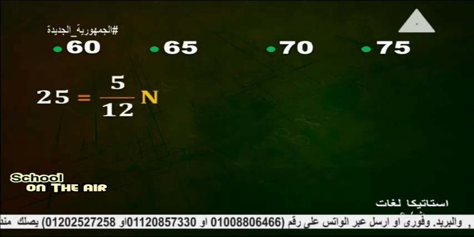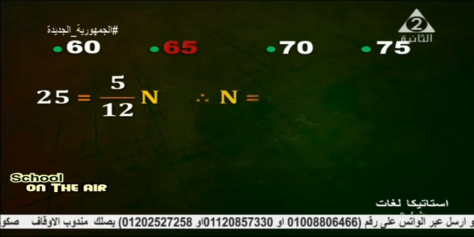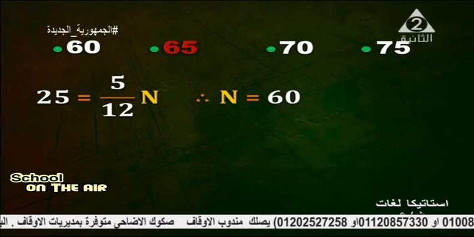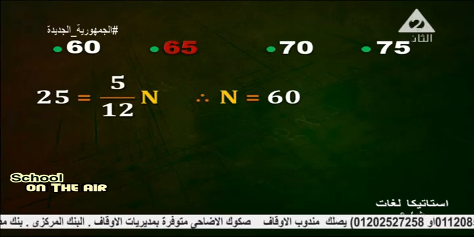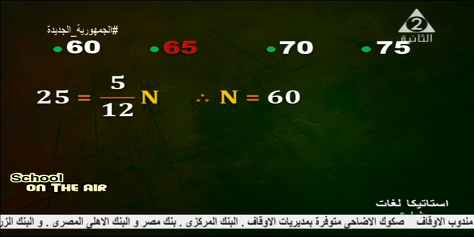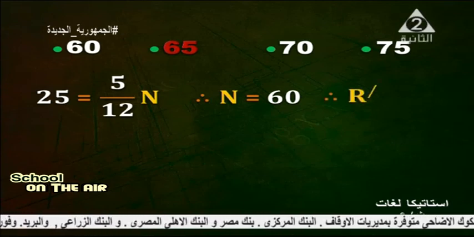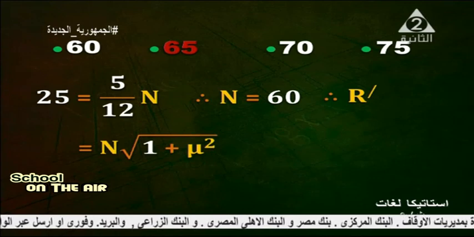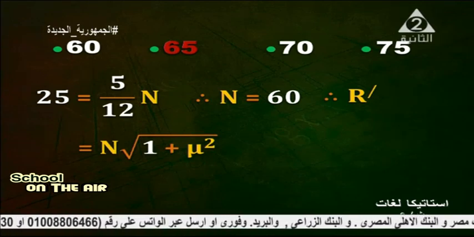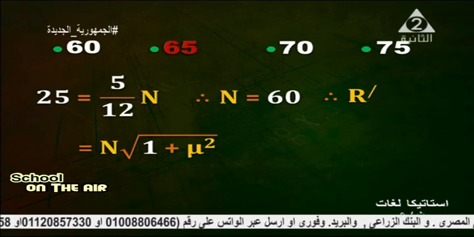Look at, my dear student, in this case 25 equals mu N, which is 5 over 12 N. The reaction force N equals 60, but R dash, we know, equals N square root of 1 plus mu square.